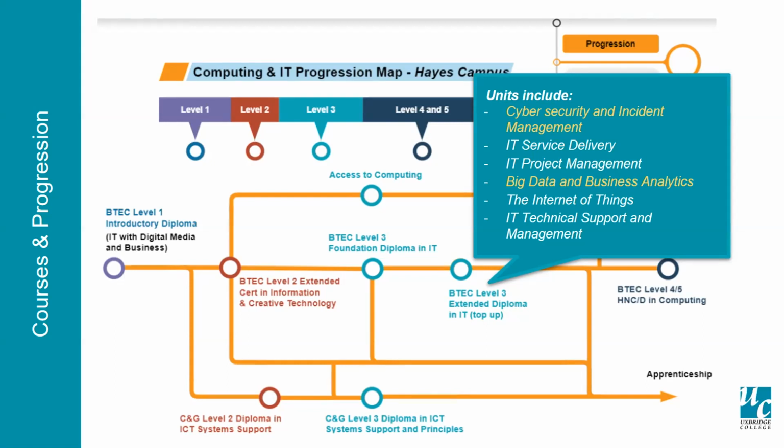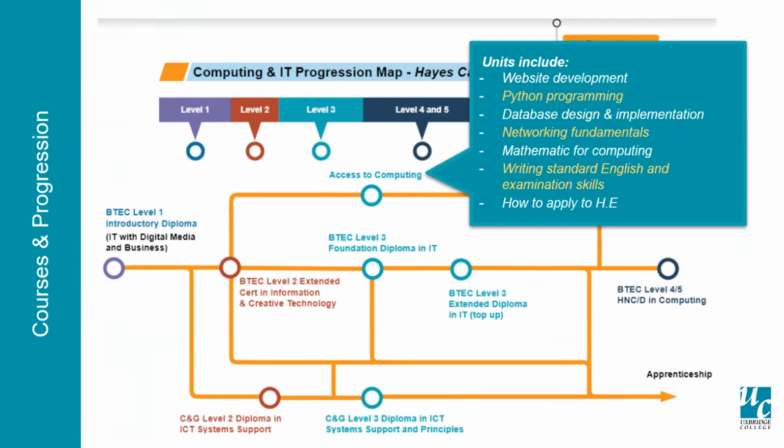And then also something like the Internet of Things, which is another very relevant unit for what's happening in modern IT at the moment. Then we also have an alternative level 3 course, Access to Computing. This is for students who are over 19, who maybe have been out of education for some time and want to undertake a course that will give them a solid foundation to move on to university after the course finishes.